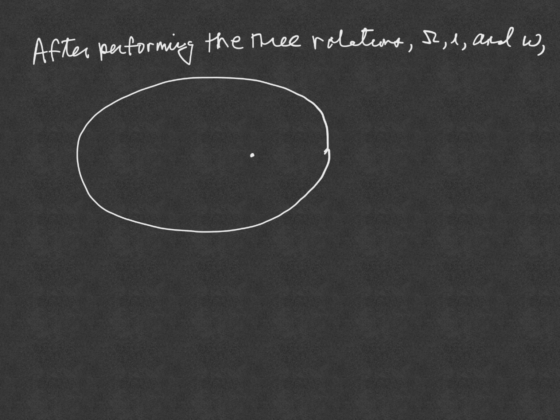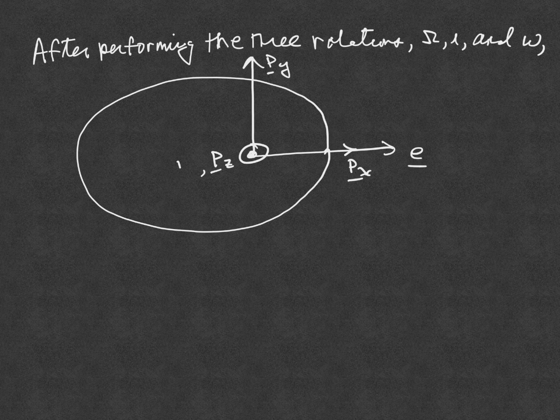And this basis, this direction, is the eccentricity. This is px. This is py. And then pz is the direction out of the page, which is also in the direction of the specific angular momentum. If I draw that in 3 dimensions down here, here's what it looks like.